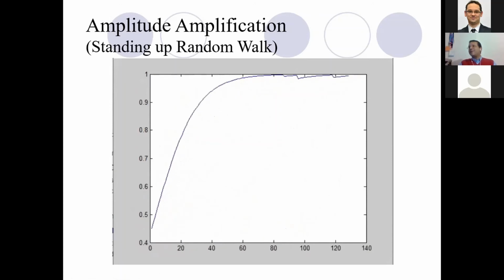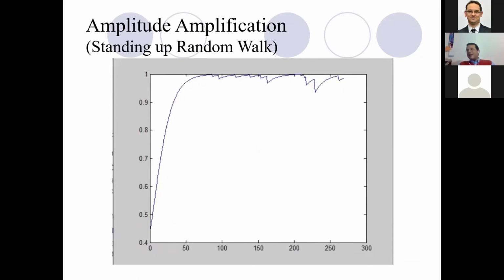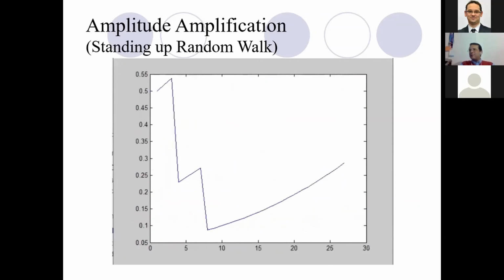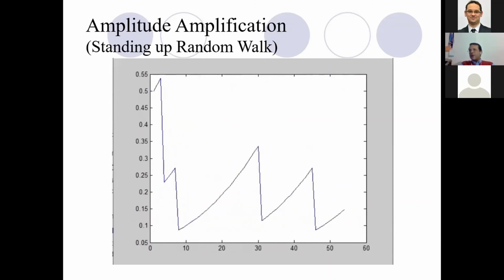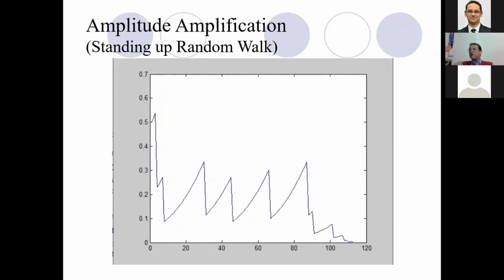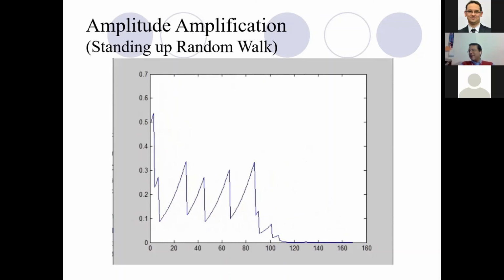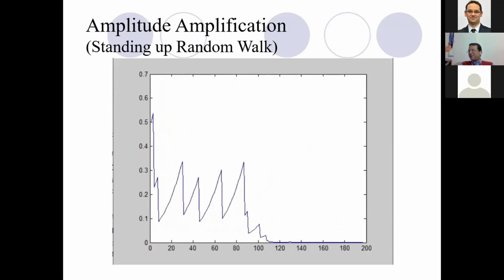Let's see what happened. The strange thing in this random walk is that it goes down very fast. So it increases gradually, but it goes down very fast. Here, he could not stand up, and he dies.